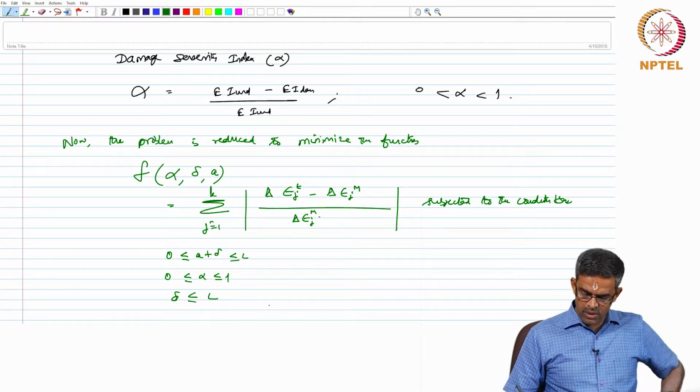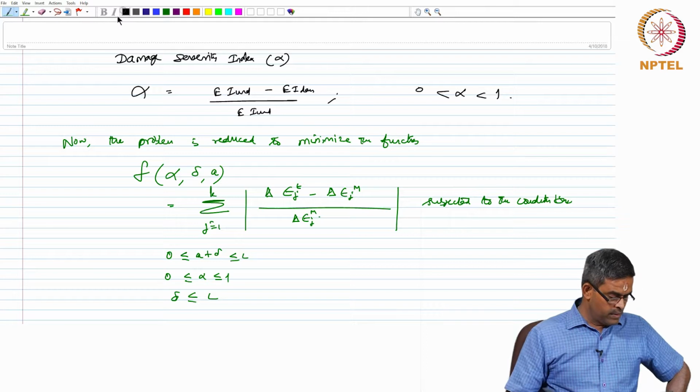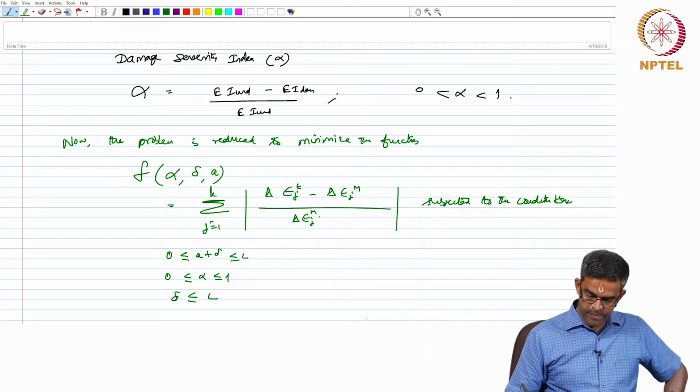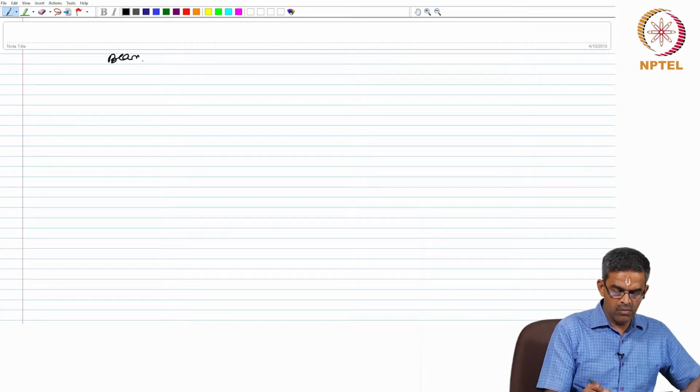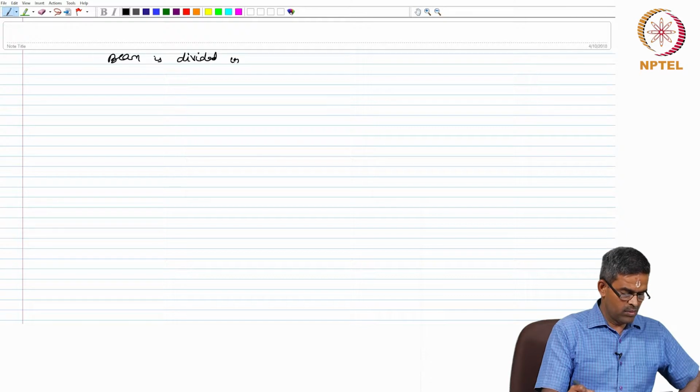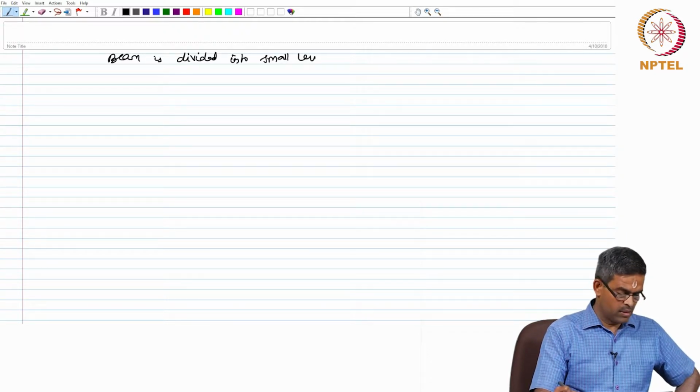So, to execute this, the beam is divided into small lengths.